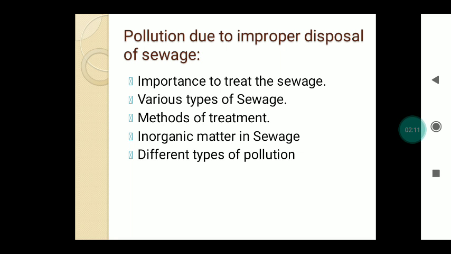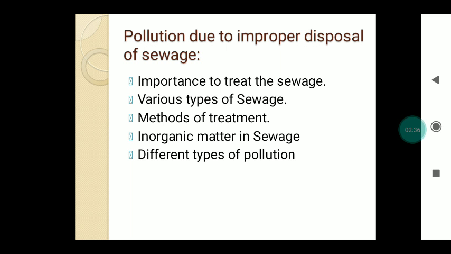It will also kill the pathogenic organisms which cause waterborne diseases, by using proper treatment of the sewage. It is also useful to remove substances like grit, sand, pebbles or heavy matter which is present in the sewage.